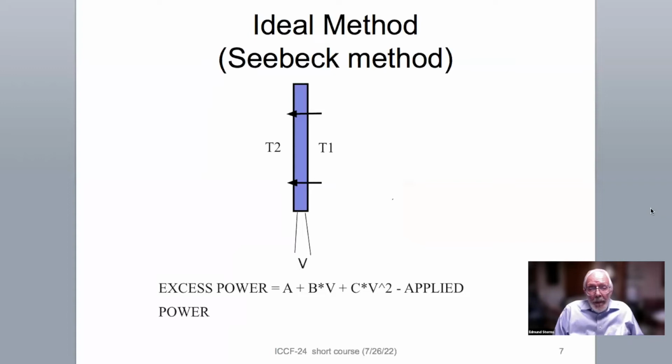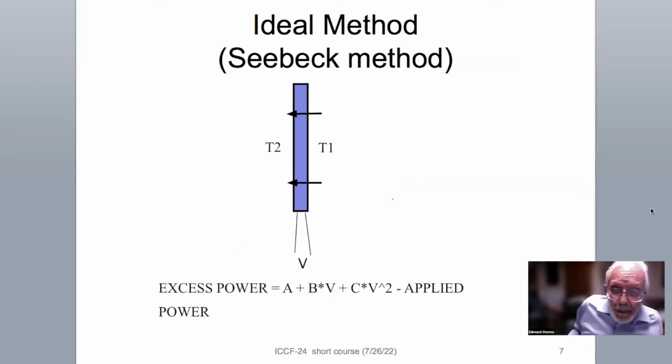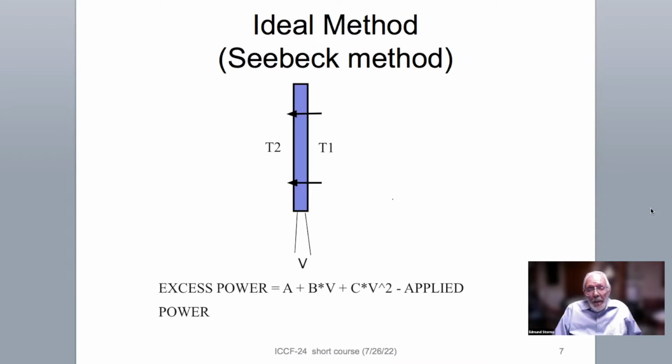But the ideal method, which is called the Seebeck method, has come about because modern technology has provided a very convenient device that if a temperature is caused to occur across its thickness, it will generate a voltage in proportion to the amount of power that's passing through the thickness.